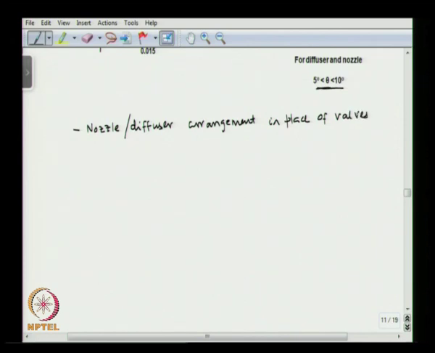So the pressure loss across a nozzle diffuser is called rectification structures. That means the flow has a directionality depending on the pressure drop across nozzle and diffuser.